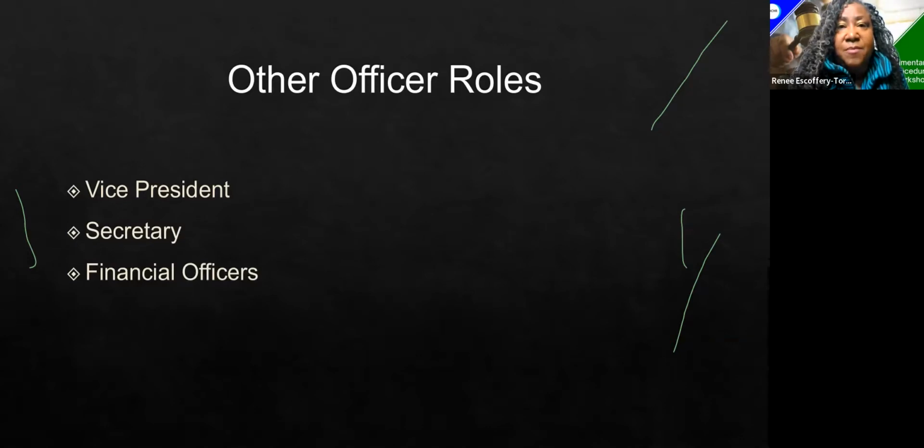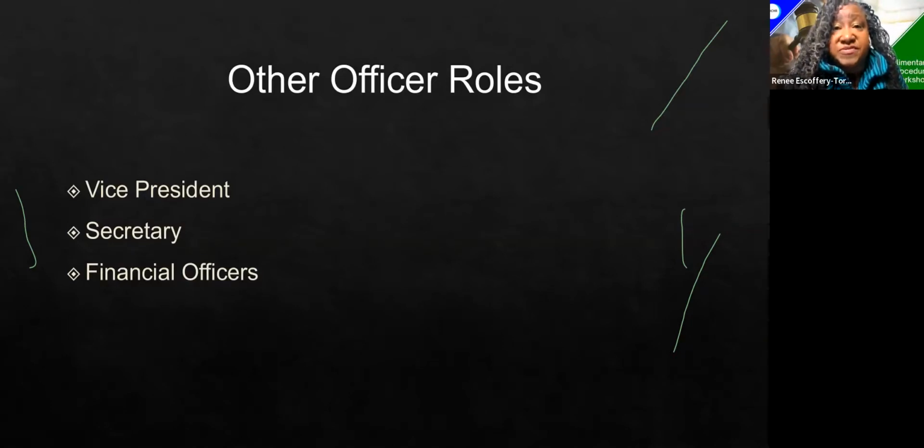Financial officers, I talked about before. At a minimum, organizations have a treasurer, but in some organizations, you have a second financial officer, and that would be the financial secretary. So the third secretary in that group, you have a recording secretary, a corresponding secretary, and a financial secretary.